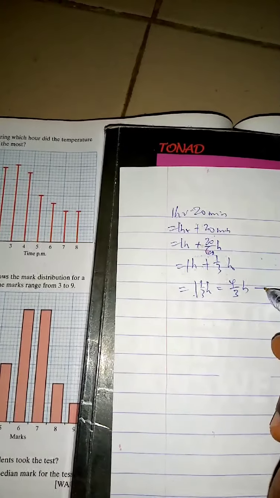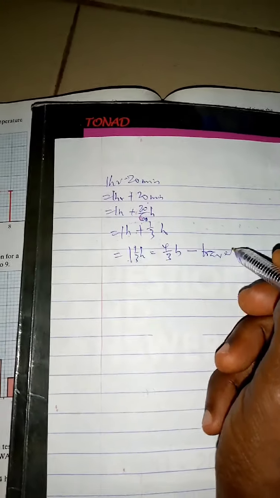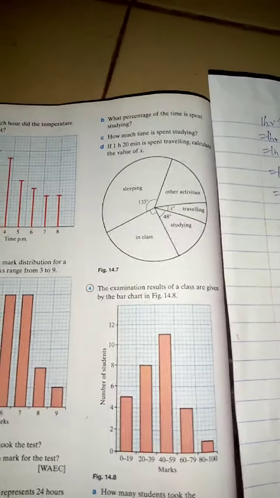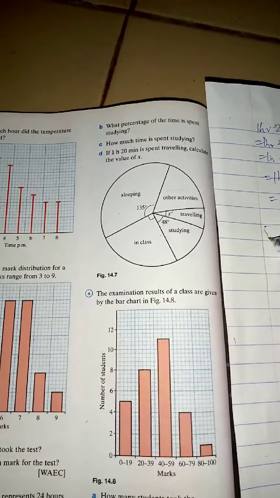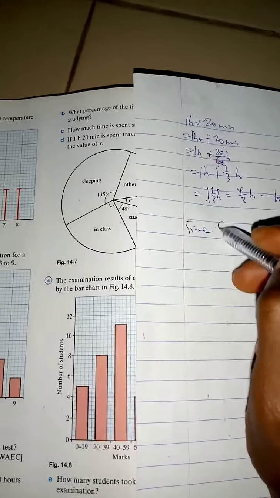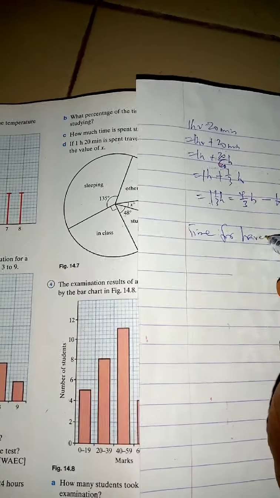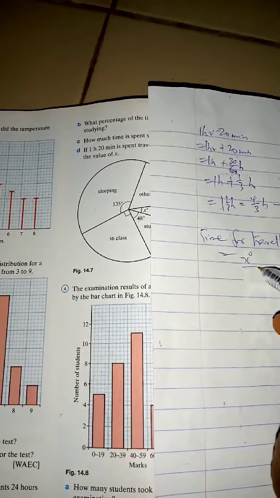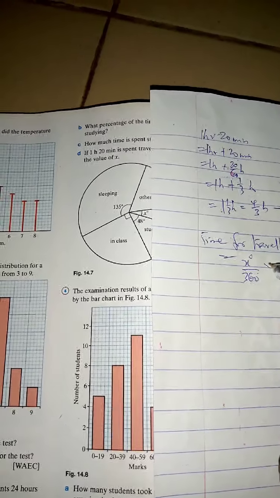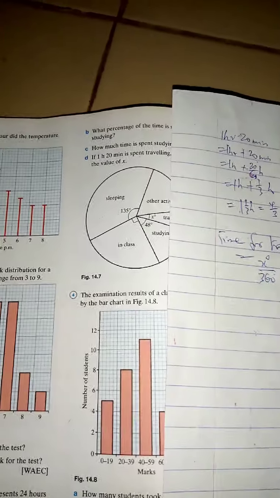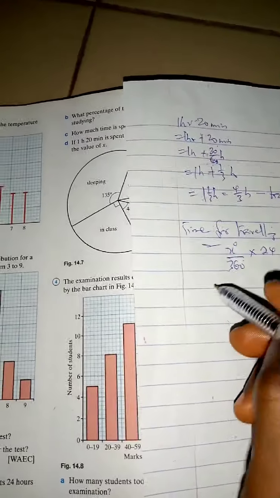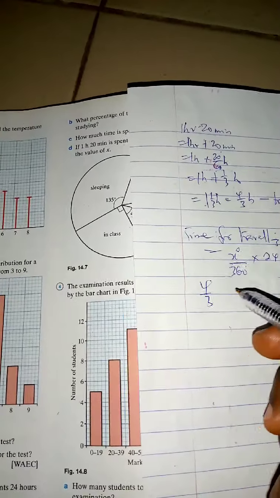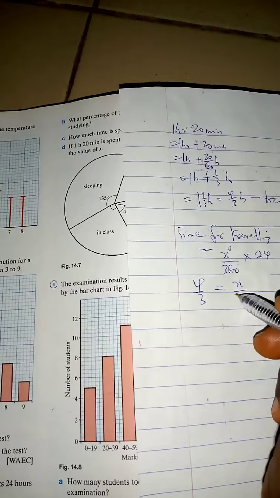Now, this time is for traveling. Therefore, the time for traveling will be angle for traveling over total angle times the time for the student for his whole life. Remember, you just calculated the time for traveling as 4 over 3.